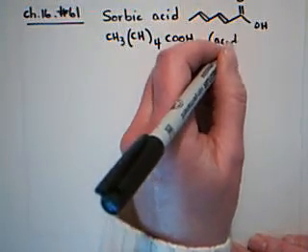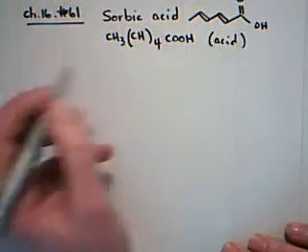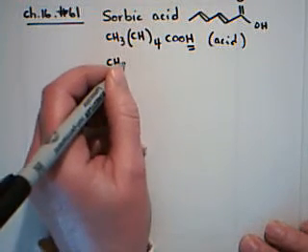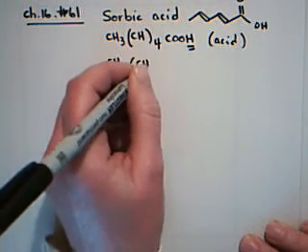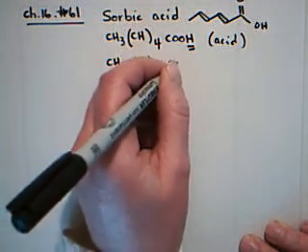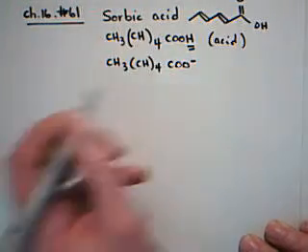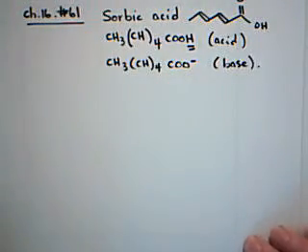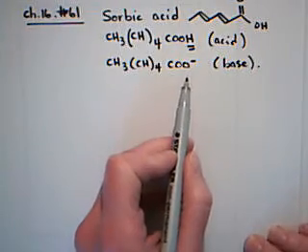And that's the acid. What would be the conjugate base? Well, I would remove that proton. And so my conjugate base of sorbic acid would be sorbate. That's my conjugate base. And we see it is an anion.